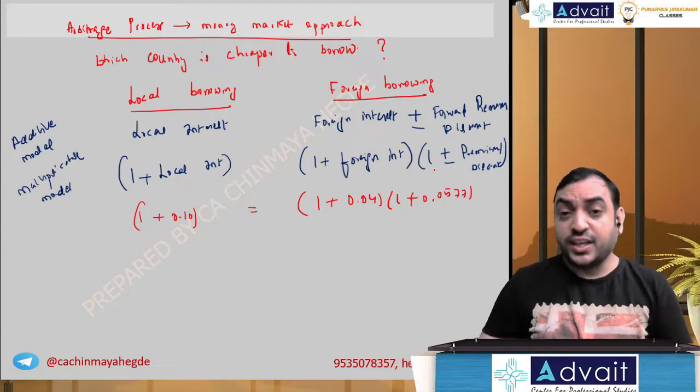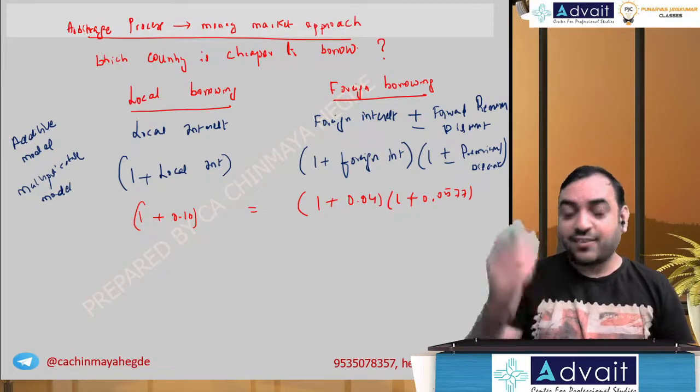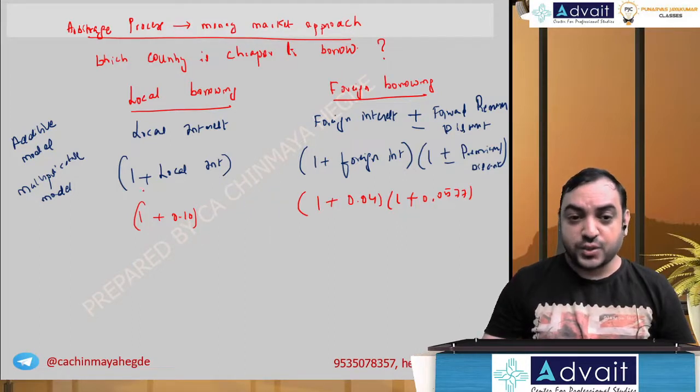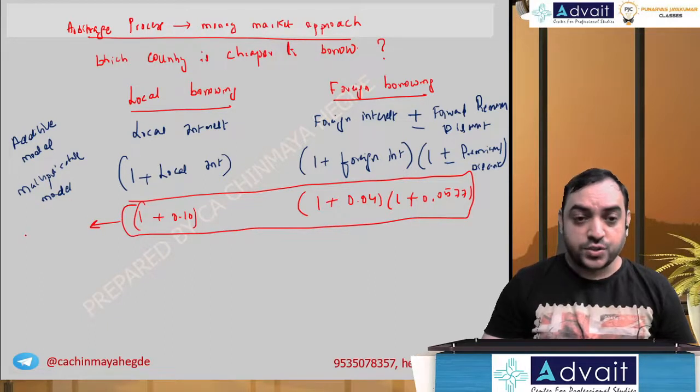Please check whether it will be equal. 1.04 into 1.0577, you get 1.1 exactly, right? Hope you understand. Okay, if you want, you can write this also. This is what happens when IRPT holds good. Both are equal.